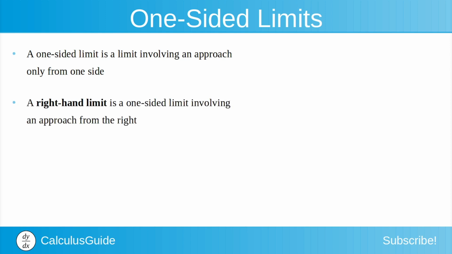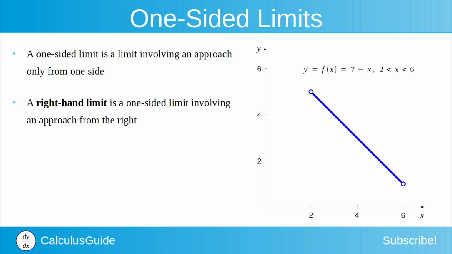A right-hand limit is a one-sided limit involving an approach from the right. Shown to the right is a plot of the function f of x is equal to 7 minus x. In this example, the function f of x is defined on the open interval from x is equal to 2 to x is equal to 6.